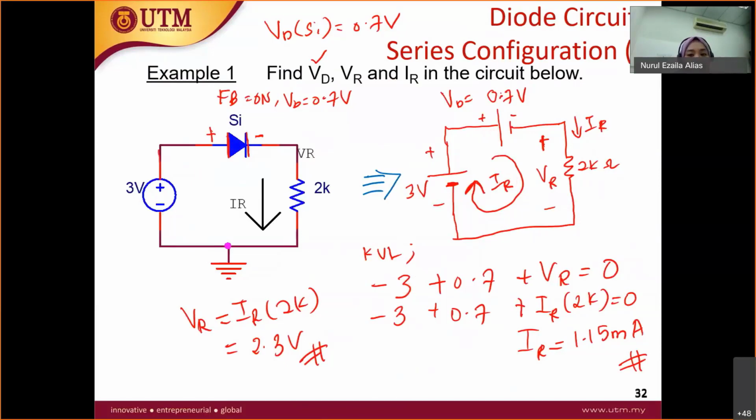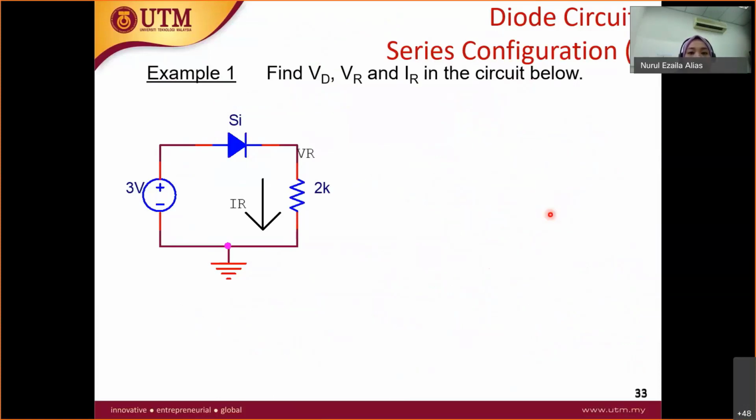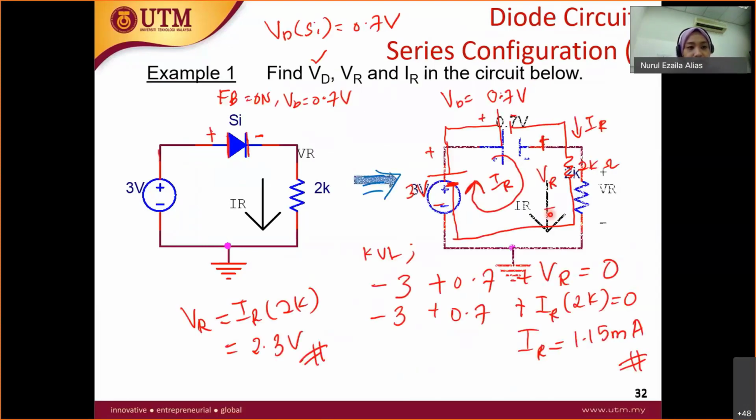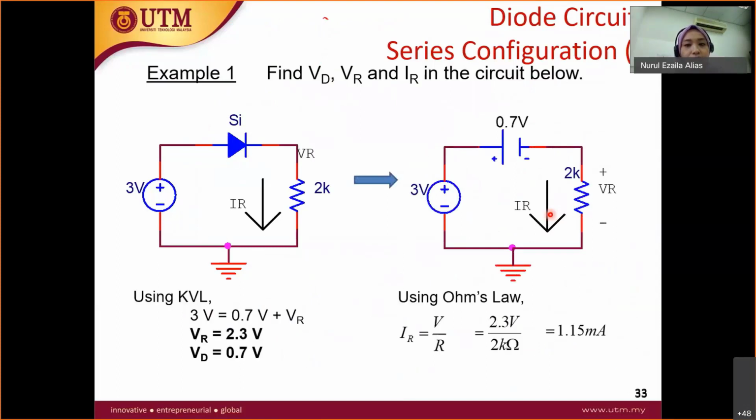Then you apply KVL and so on. We have done this, and I hope you understand it. Let's take a look at the second example. This is the first example, and this is the solution, so you can look through the solution.